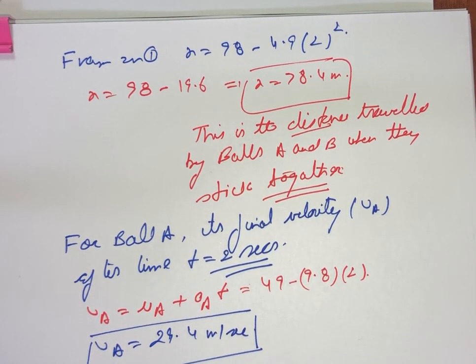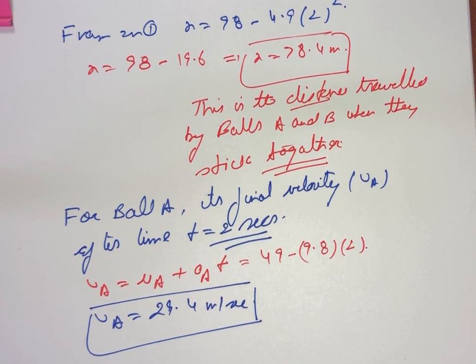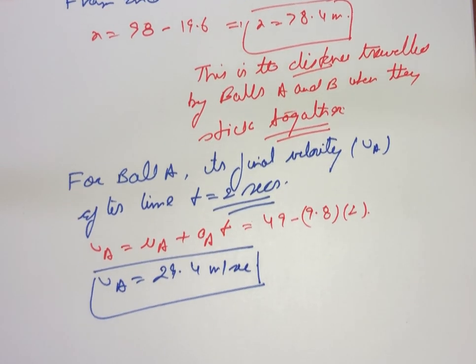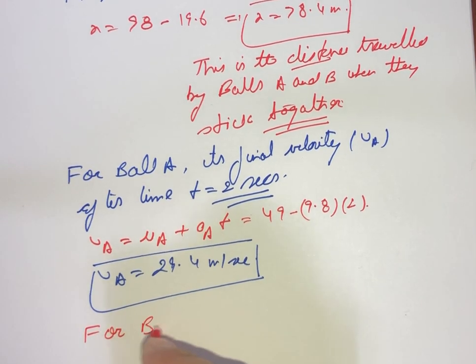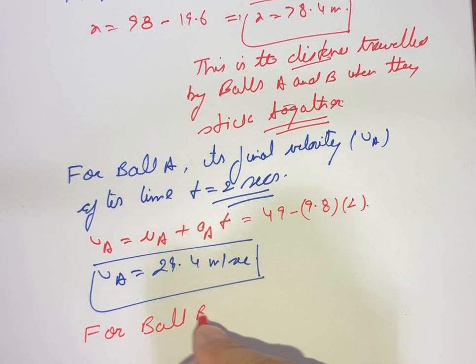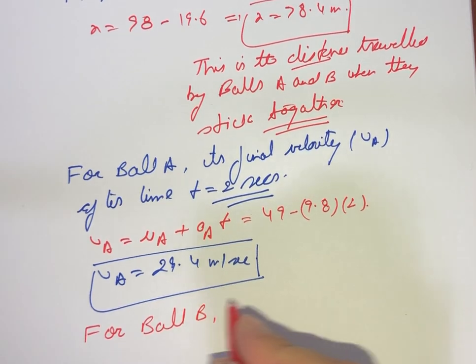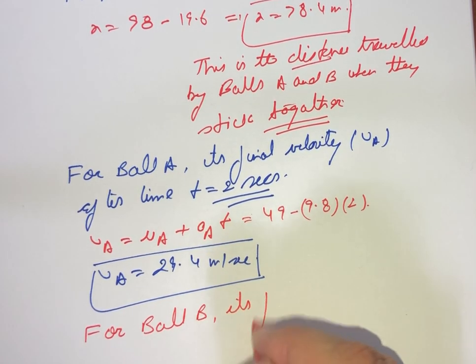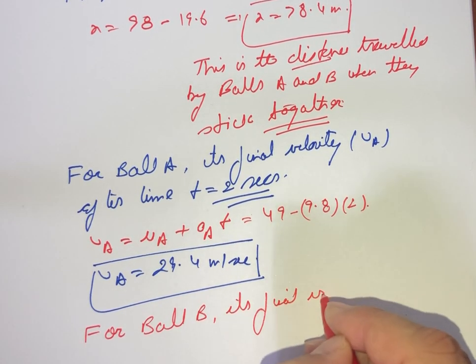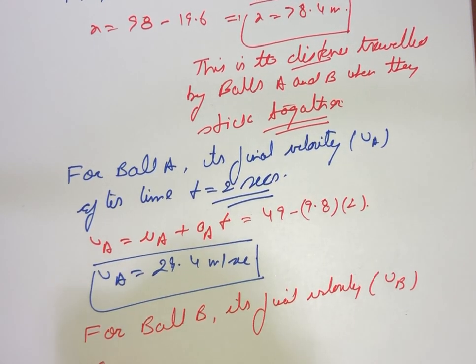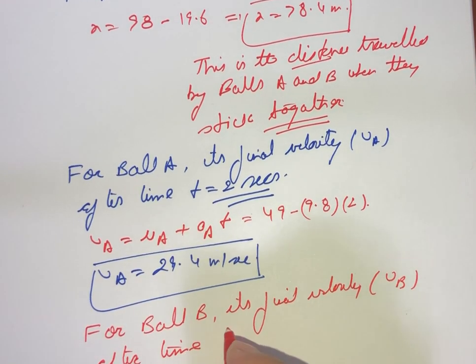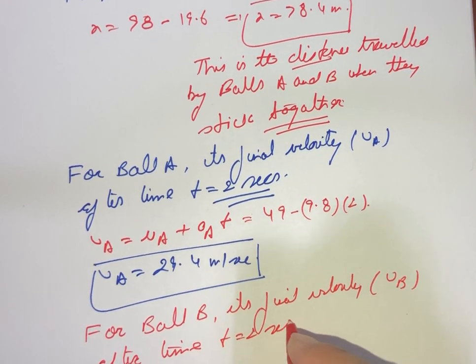And similarly for ball B, its final velocity VB after time t is equal to 2 seconds.